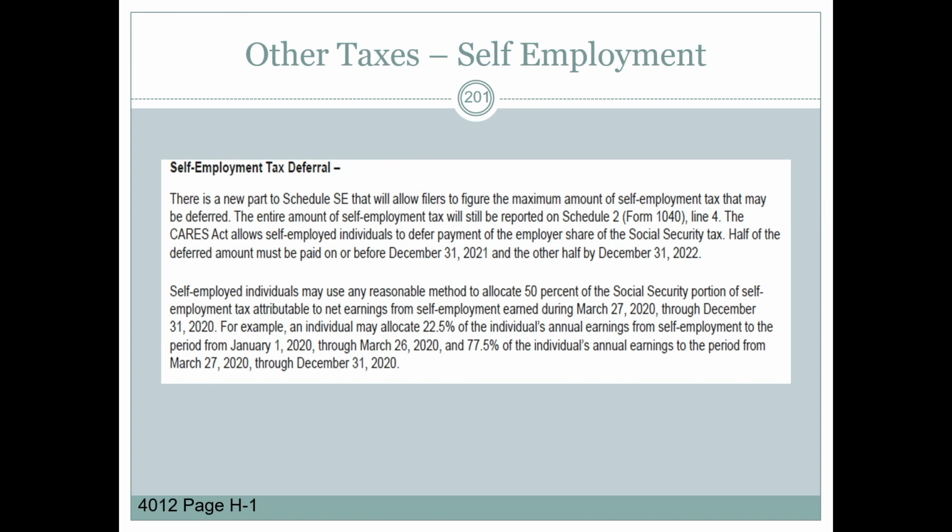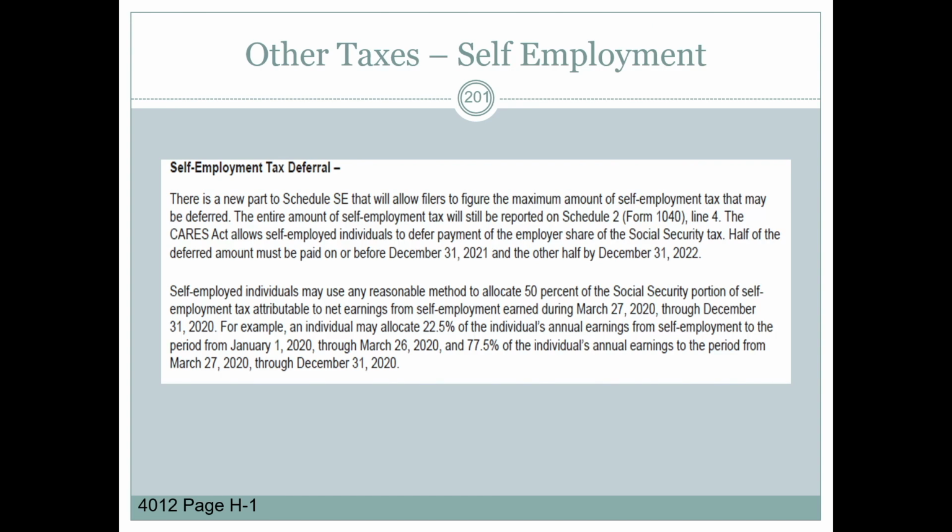The CARES Act allows self-employed individuals to defer payment of the employer's share of the Social Security tax. Half of the deferred amount must be paid on or before December 31st, 2021, and the other half by December 31st, 2022.